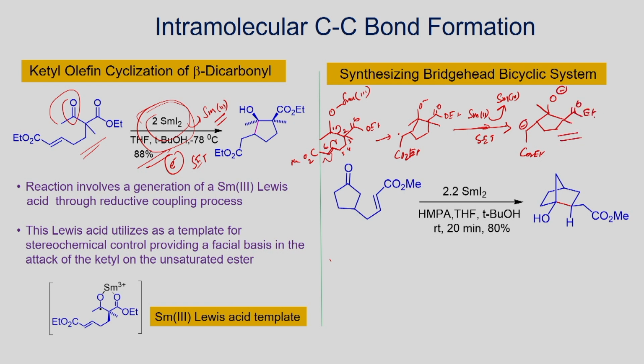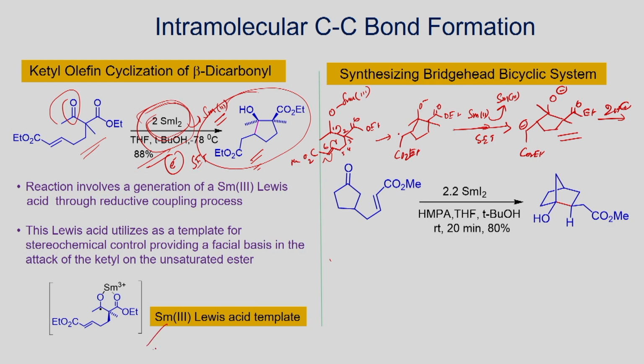When you do the workup, you can get this cyclic compound. You can see here, as you can see, you need a stoichiometric amount of samarium iodide in this reaction. Since 2 electrons are transferred here, 2 equivalents of samarium iodide are required to successfully complete this transformation.